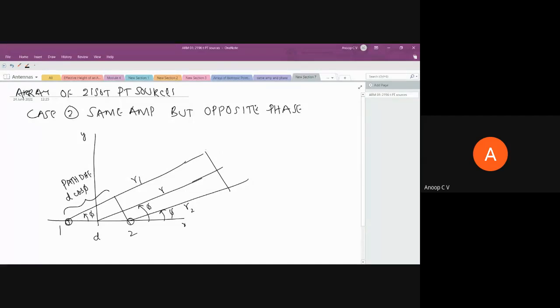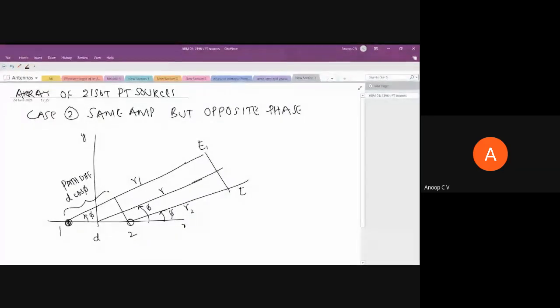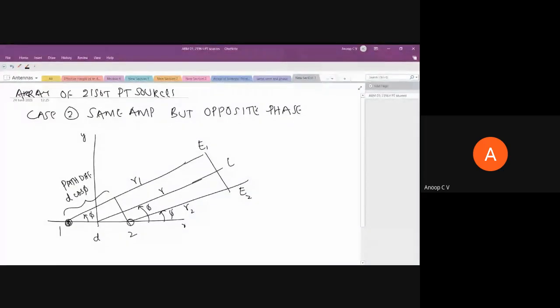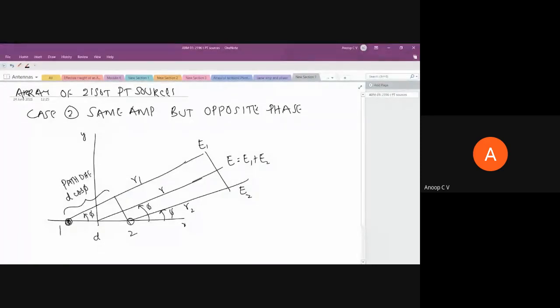Suppose the phasor field due to source 1 is E1 here, and the phasor field due to source 2 is E2 here, and the resultant field E is E1 plus E2. That is the same system model that we have.